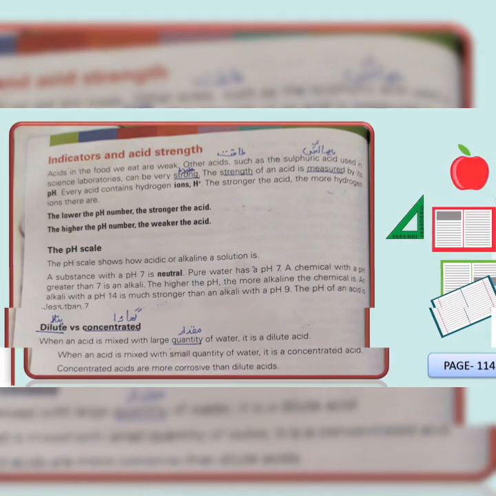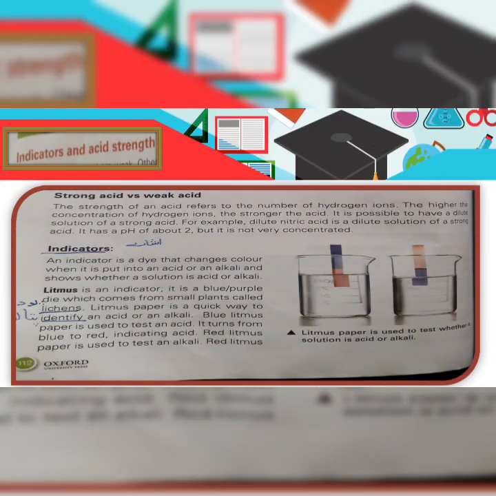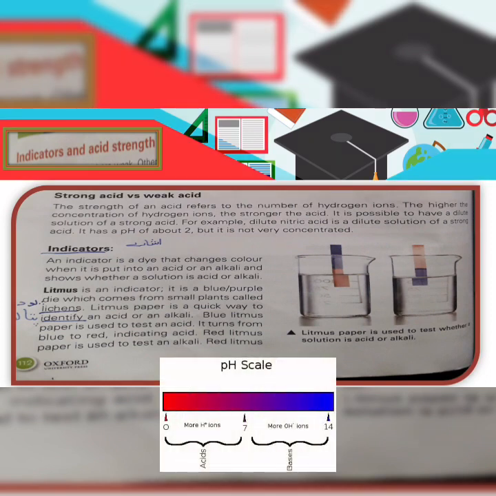Our next topic from page number 112 is strong versus weak acid. As I have already told you, the strength of the acid can also be measured by the presence of hydrogen ions. So if the concentration of hydrogen ion is higher, then our acid is a strong acid.